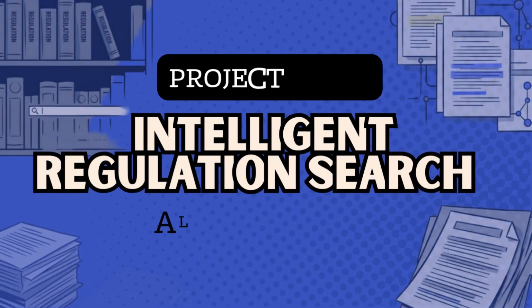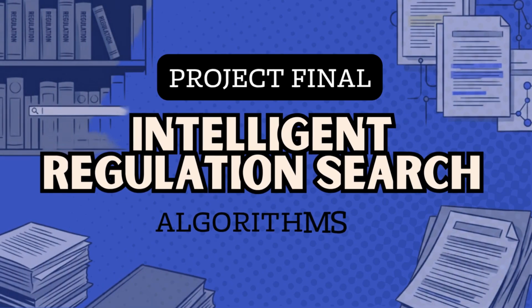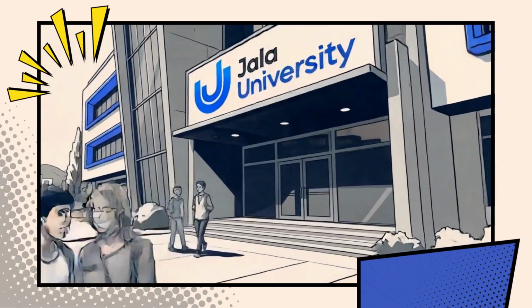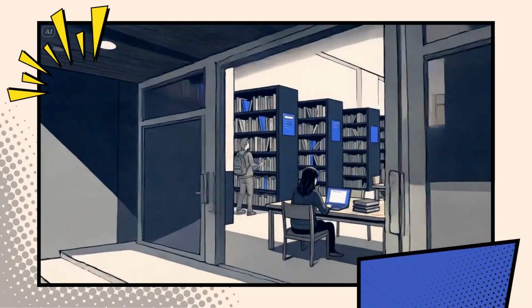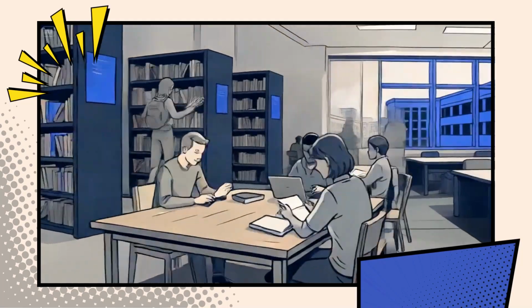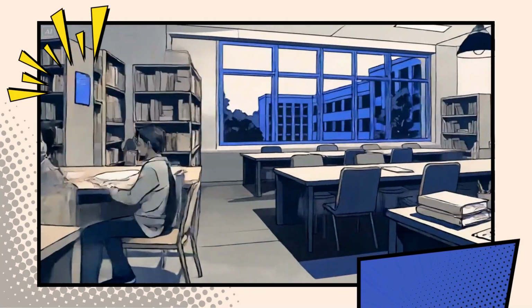Good morning. Today, we are going to present our final Algoritmics2 project, an intelligent university regulation search engine. The idea behind the project is simple: to allow a student to find specific information from the university regulations by making a query in natural language.